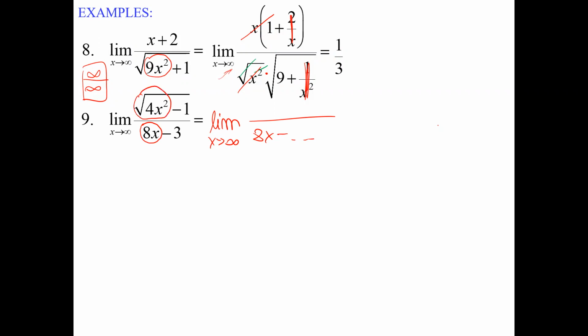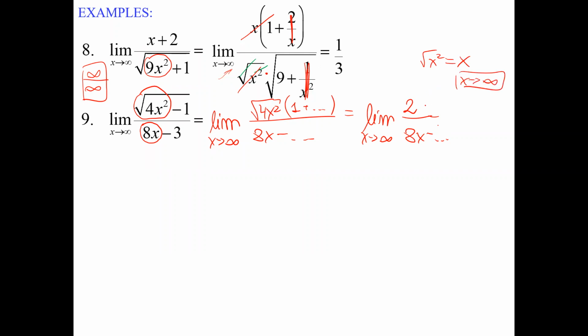After factoring out everything, the leading term in the numerator will be the square root of 4x squared, and the rest will be 1, which we're not interested in. The denominator is 8x plus the rest of the stuff, and the numerator will be the square root of 4, which is 2, and again the square root of x squared. This is x, but only as x goes to positive infinity. I can say 2x, and the rest of the stuff. Okay, the limit is 1/4.